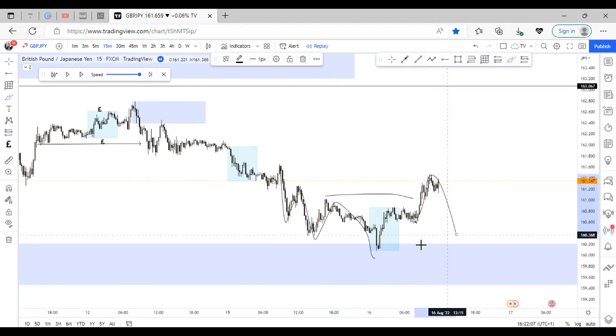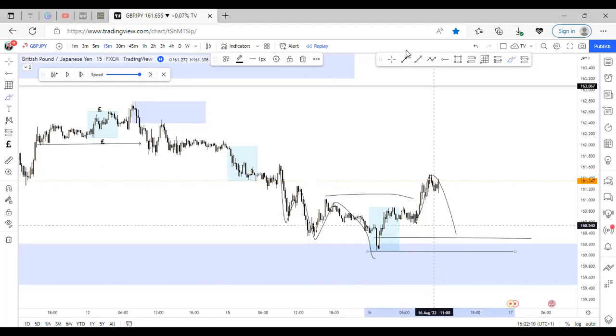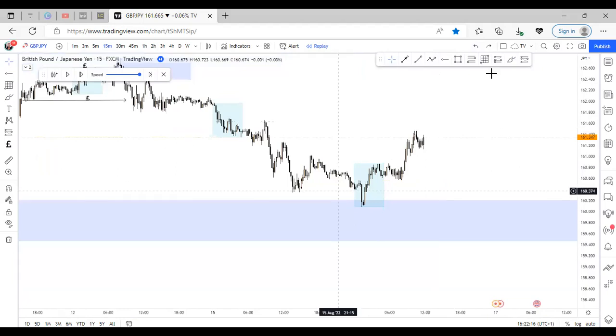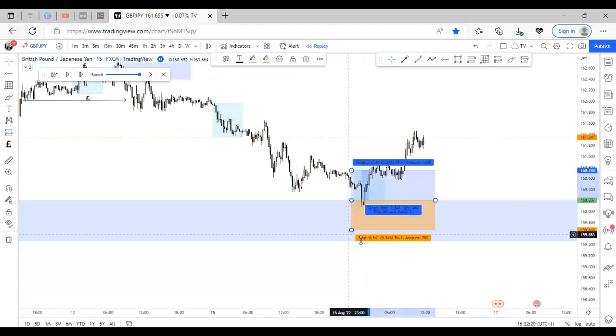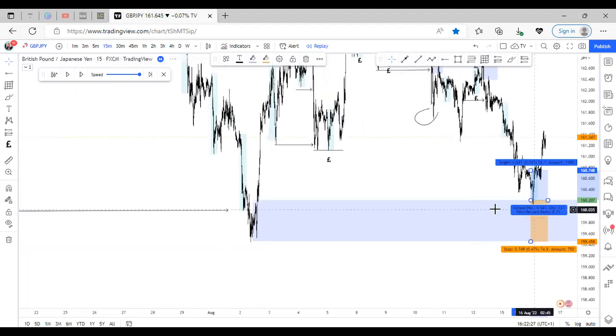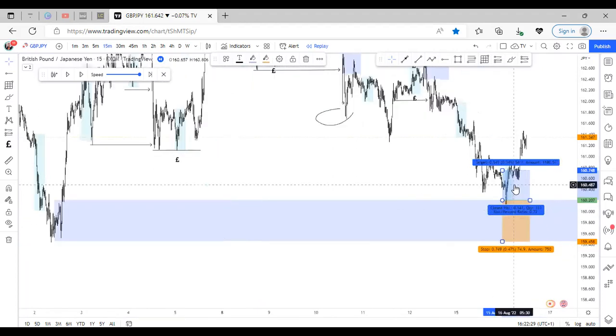I was expecting price to push back into this zone before we take buy trades, but the market didn't return. That doesn't mean the analysis wasn't correct, but I couldn't have taken an aggressive buy entry from right here, because this demand zone was 74 pips in stop loss, which was way too much.